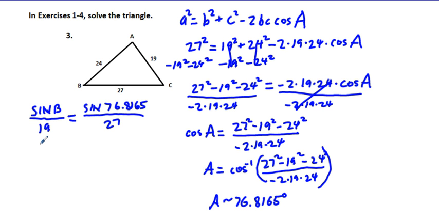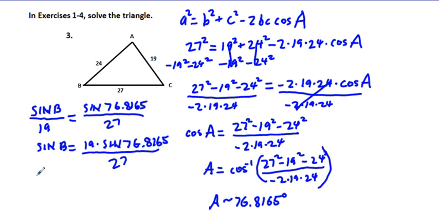And so sine of angle B equals 19 times the sine of 76.8165 degrees all over 27.